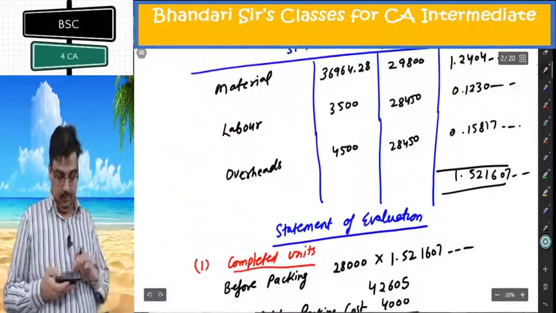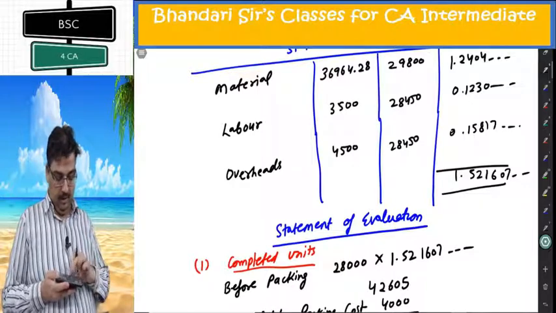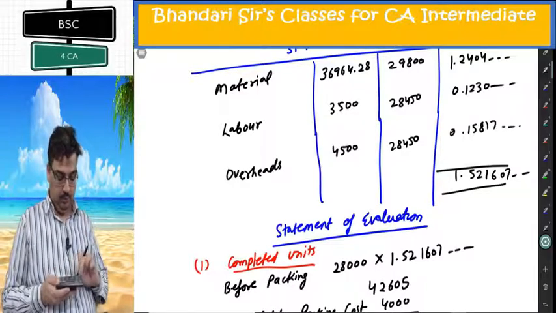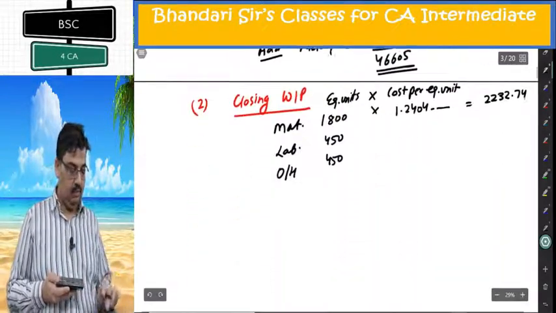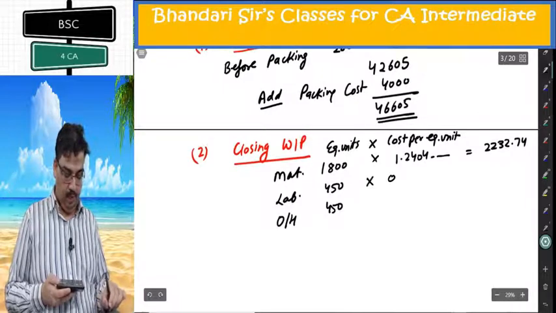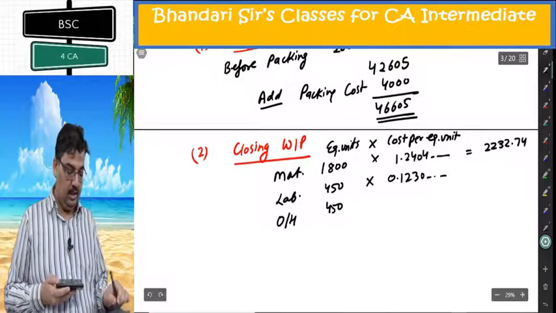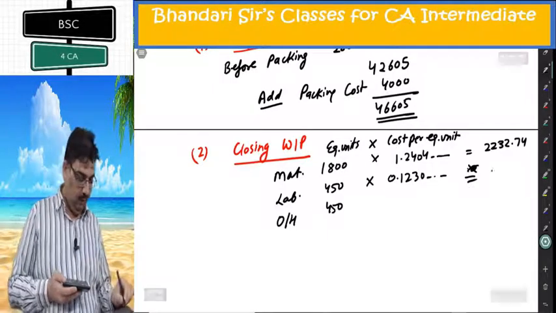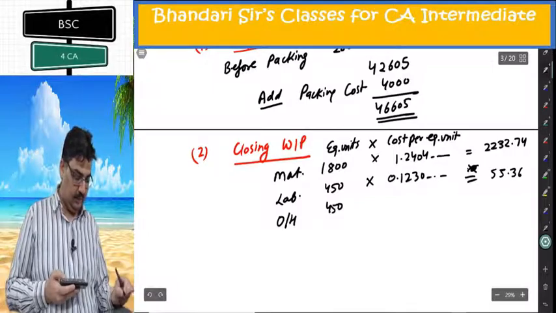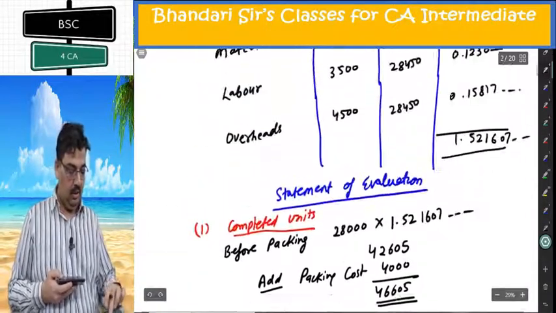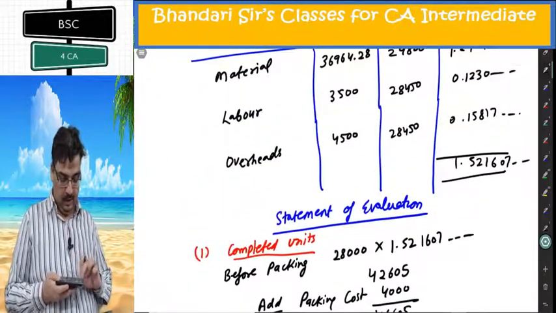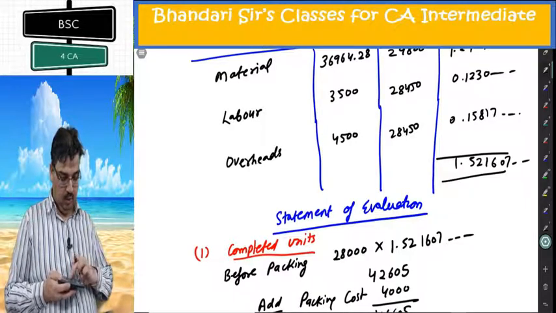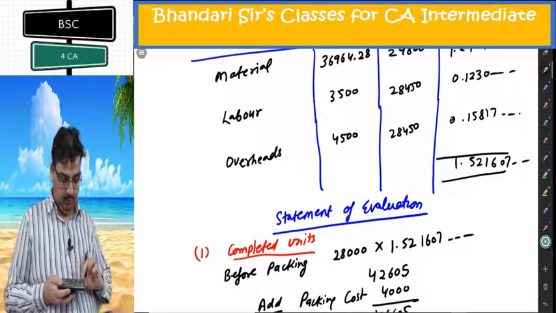In labor, 3,500 divided by 28,450. I am getting 0.1230 dash dash dash multiplied by 450. I am getting a total of 55.36. Similarly, overheads, 4,500 divided by 28,450.